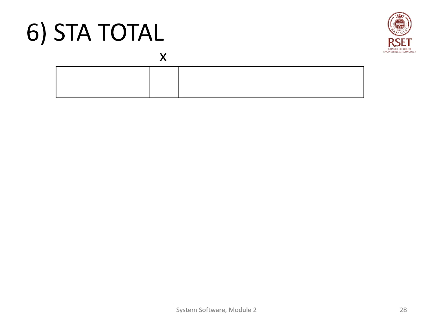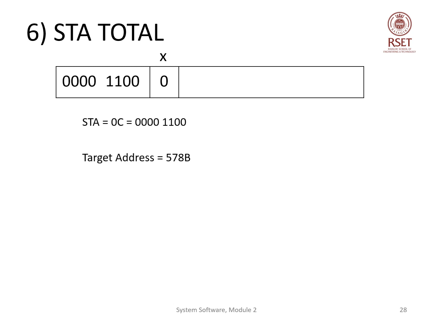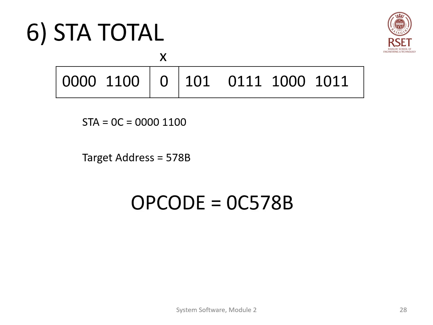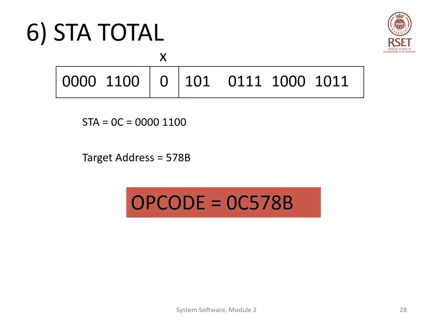Here the indexed addressing is 0. STA has the value 0C and total has the address 578B, which is written in the next column, and the opcode becomes 0C578B.